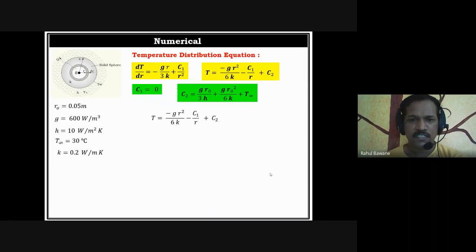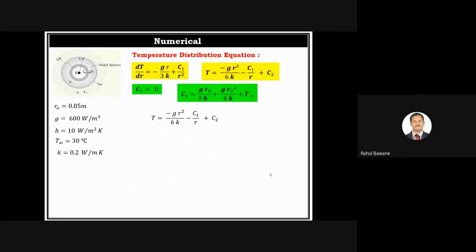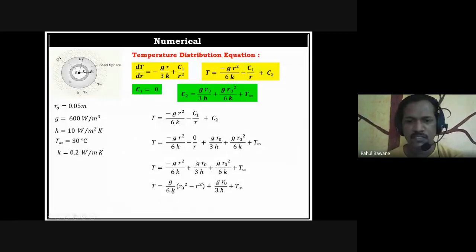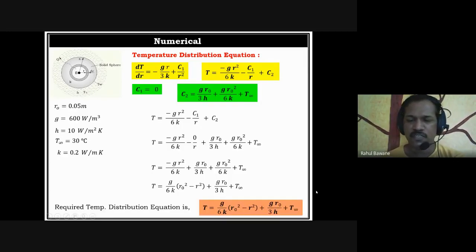T is equal to minus G r square upon 6K minus C1 r. Replacing C1, it becomes 0, and this whole term is 0. Then replacing C2 and rearranging, finally we get the form: temperature is G upon 6K times (ro square minus r square) plus G ro upon 3H plus T infinity. So this is our required temperature distribution equation when the convection part is there.